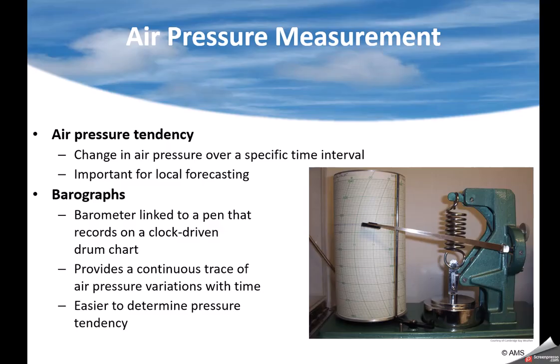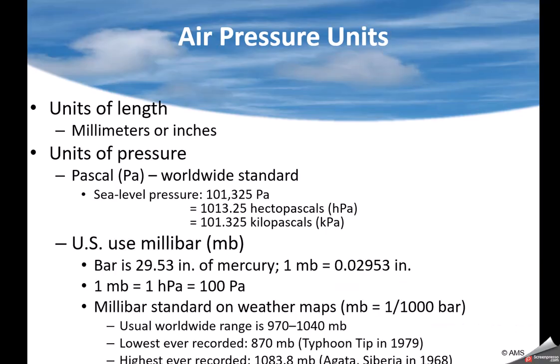If you have a home barometer, I will bet you that it measures everything in inches of mercury. And if you look at a weather map, which you've been doing a lot of now, you're going to discover everything is in millibars. The difference is significant.